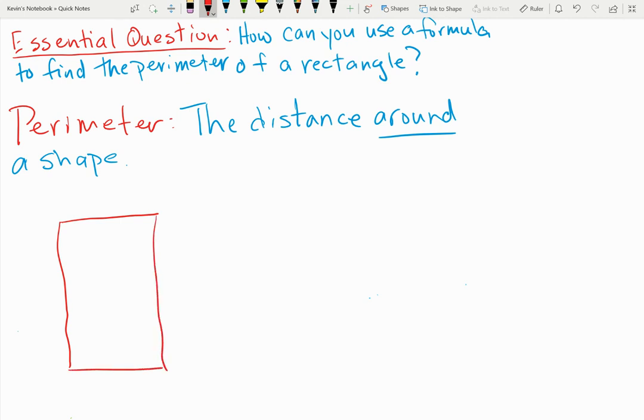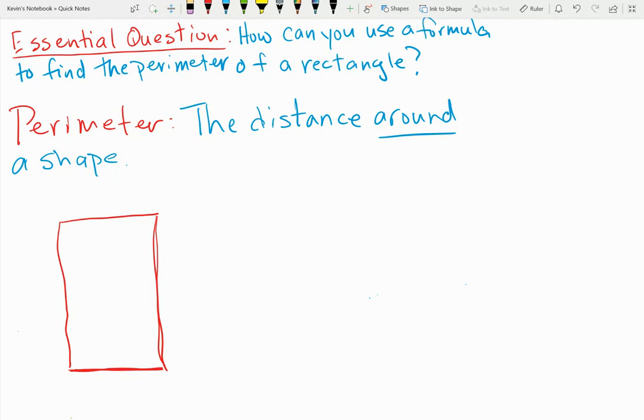And just for reference sake, let's call this bottom edge, the bottom part, our length, okay? And then the side edges over here will be our width. So just keep in mind, the bottom part is length, and the side edge is our width, okay?